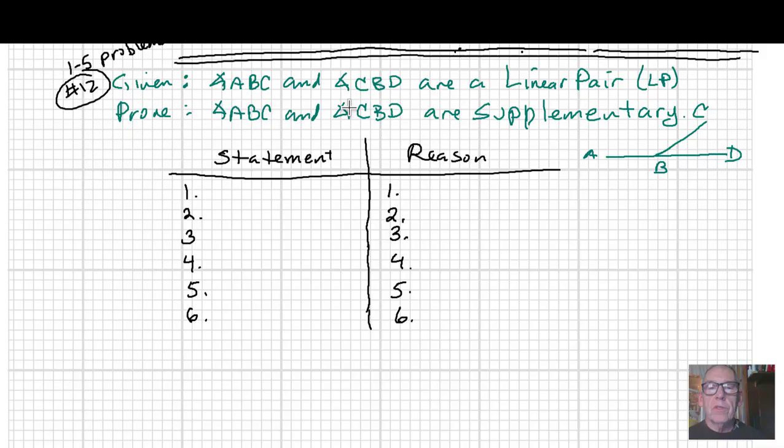So we got our givens. Angle ABC and CBD are a linear pair. And I abbreviate linear pair with LP just to save space. So when you see LP, we're talking about linear pair. That's given.